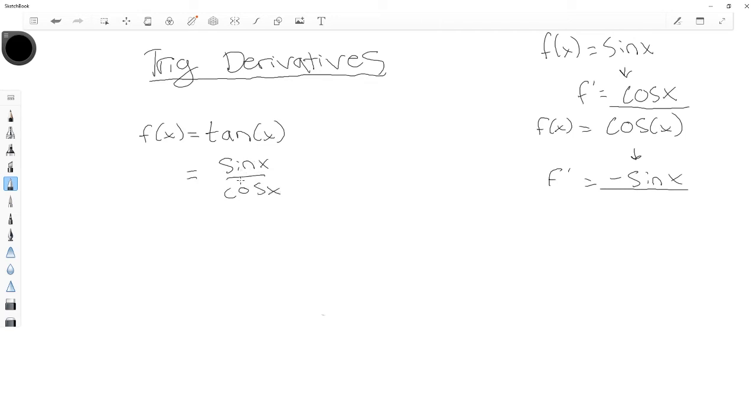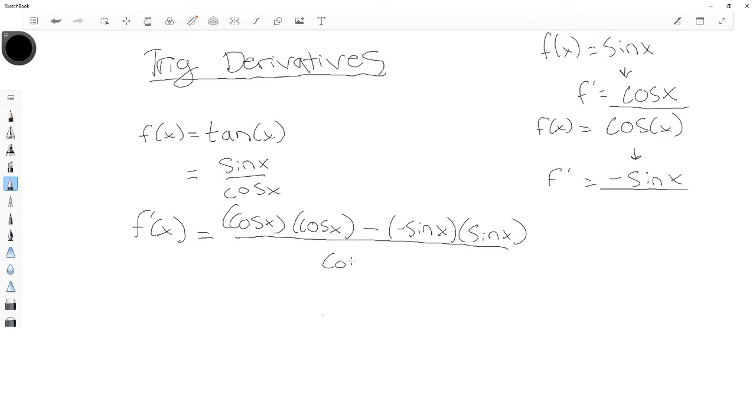So we can use the quotient rule. The quotient rule is the derivative of the top, which is cosine x, times the bottom, minus the derivative of the bottom times the top, all over the bottom squared.